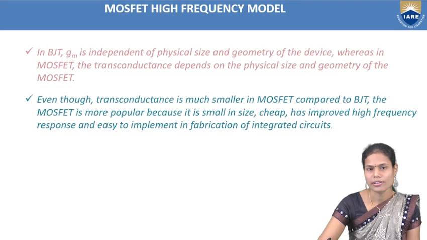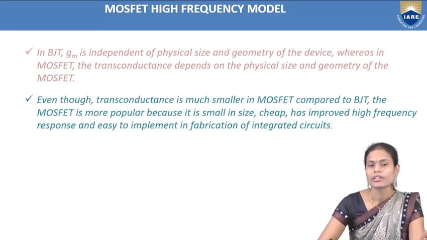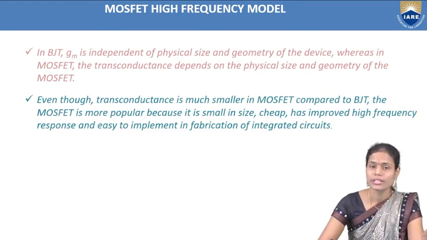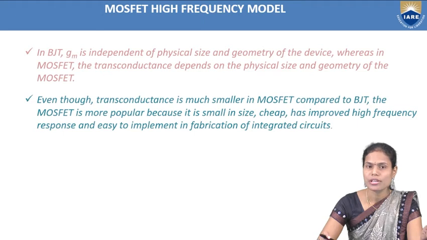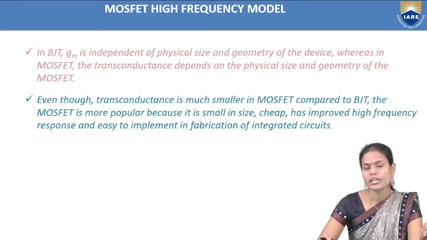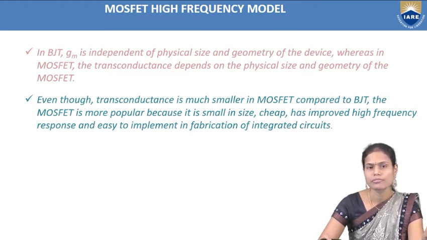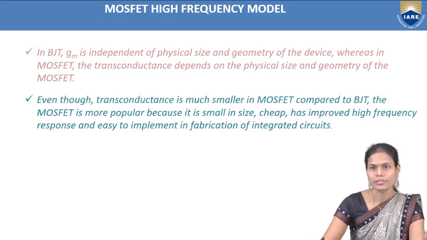Because of all these advantages, we mostly prefer MOSFETs in order to fabricate ICs instead of BJTs. It also provides very high input impedance compared to the BJT. Even though both the BJT as well as the MOSFET are useful for switching applications as well as amplification applications, because of these reasons, we mostly prefer the MOSFET for fabrication.